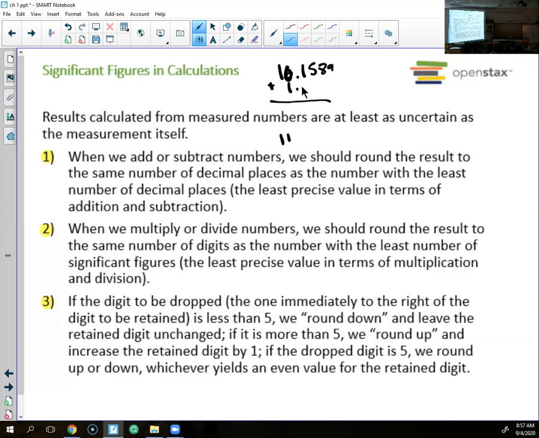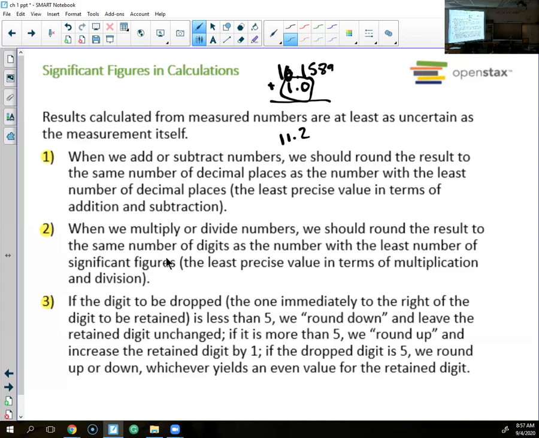If it was 1.0, then the answer would be 11.2, because it'd be 1, but we'd have to round it up because they have 5. Okay, we find the shortest number and we report the number to that number of decimal places.